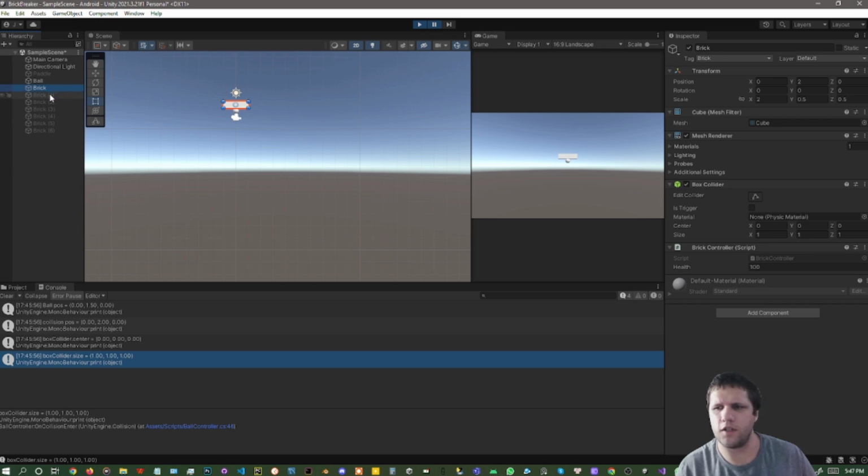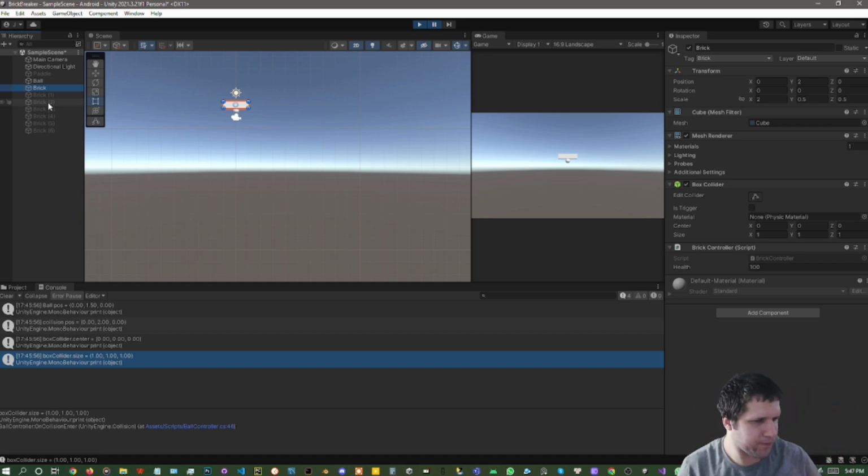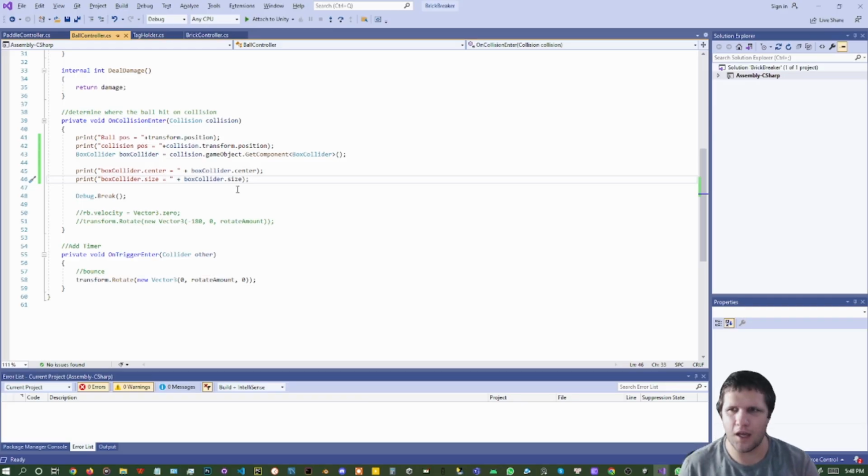Oh, we also need the scale. Right. Okay, so we need to include the scale of the brick as well.